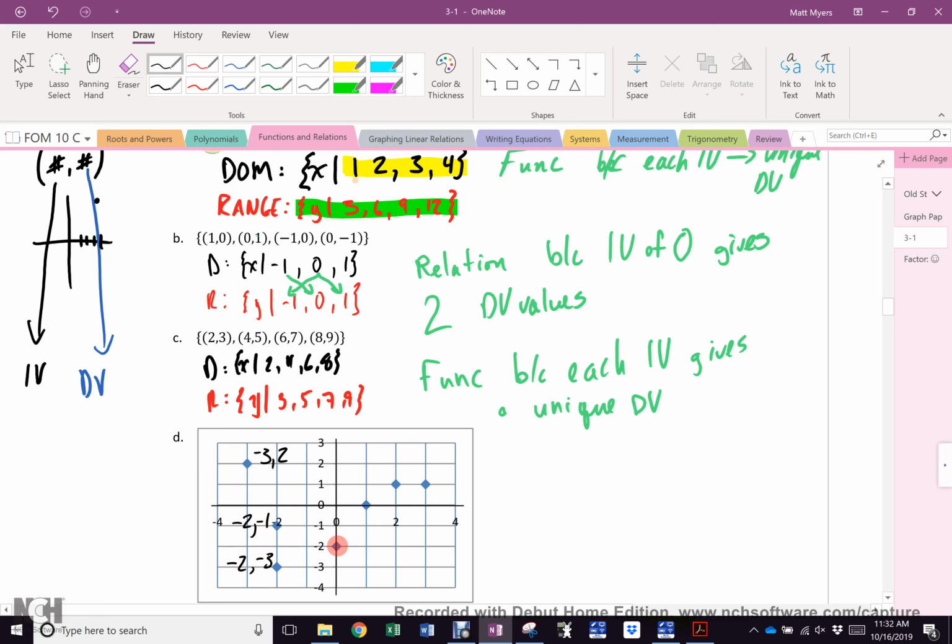What's this guy? 0, negative 2. What's this guy? 1, 0. What's this guy? 2, 1. What's this guy? 3, 1. So now I want the domain and range.